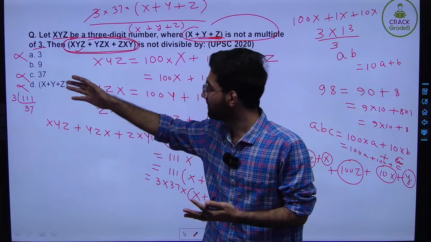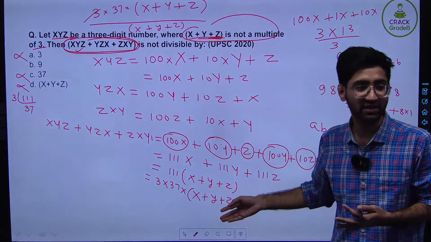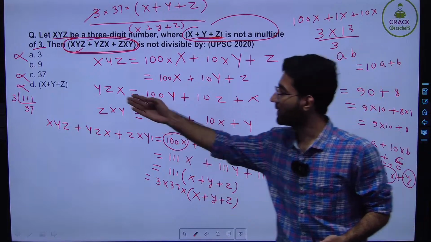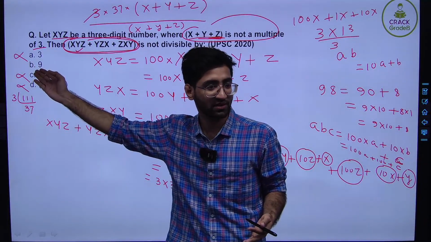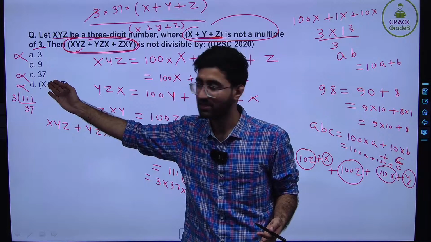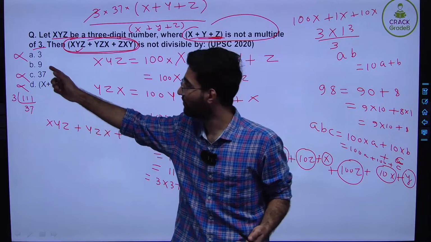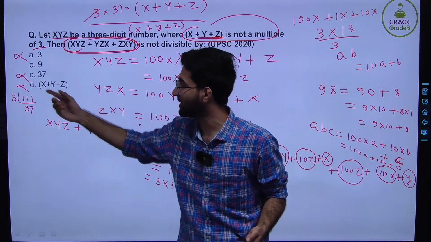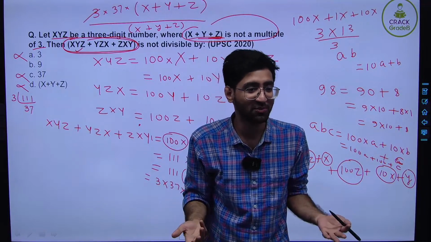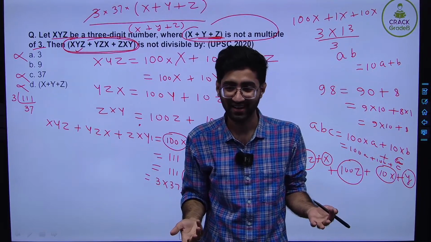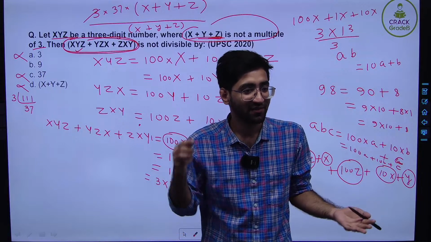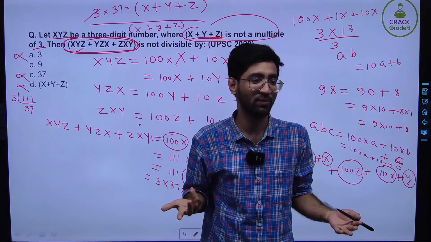But if you have proceeded till this point and you are not able to use it, why start at this option? Let us deal with option C. Let us deal with option D. If you find that this number is divisible by A, C and D, only one of the options will be the correct answer. You can mark option B without even understanding the complete question.